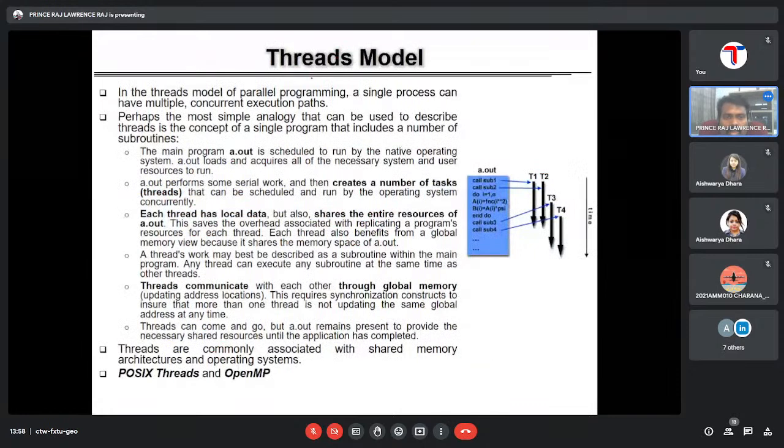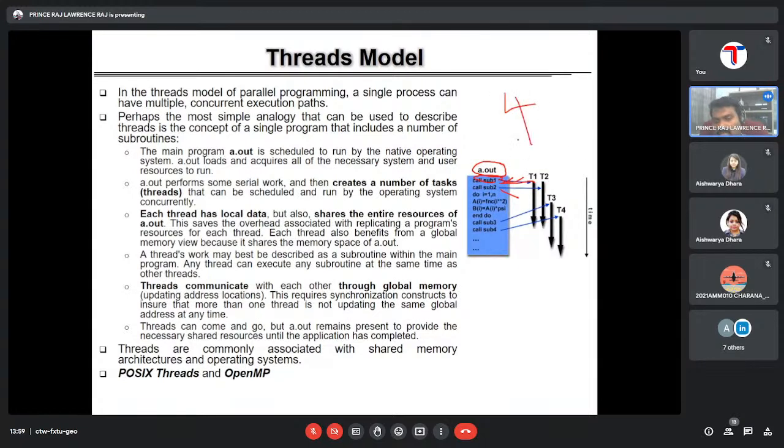Now threads. You can see this kind of threads in your laptop itself actually. For example, this is a program you are running, and this program will be split into different parts. For example, subroutine one is called by thread one. For instance, in your CPU, four threads are there.